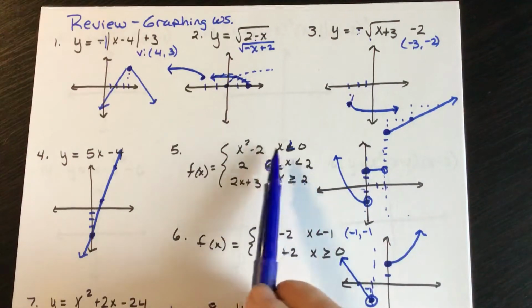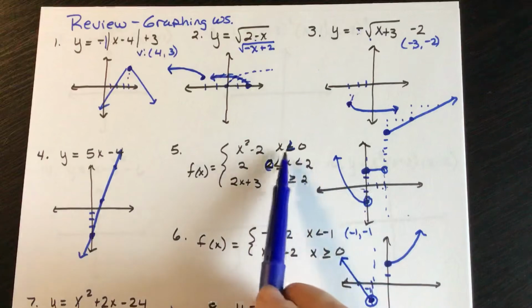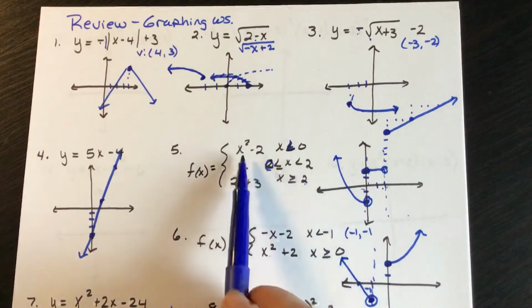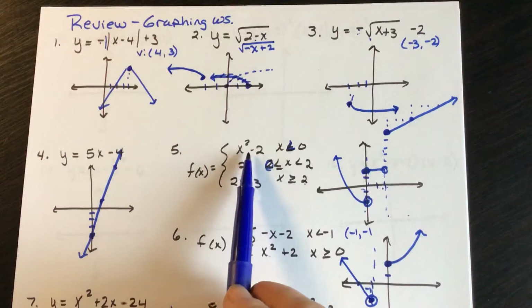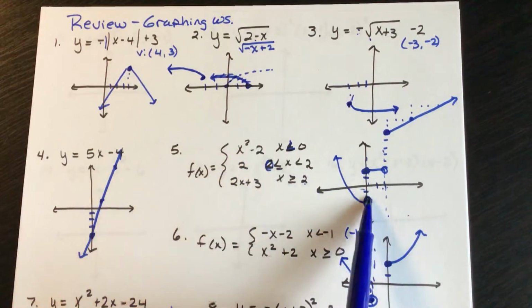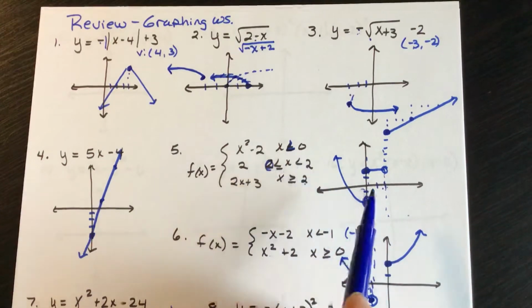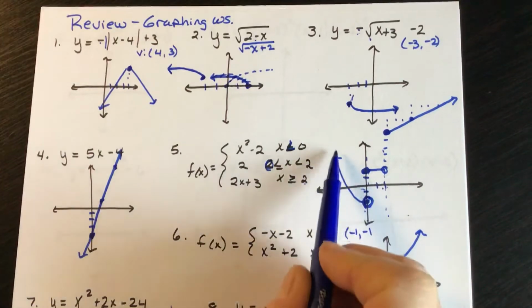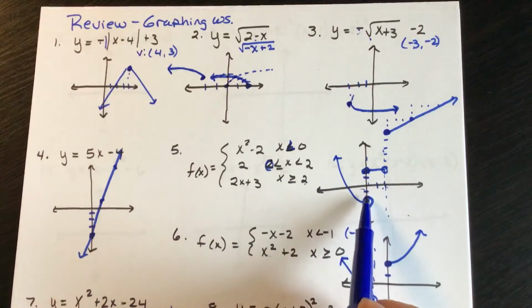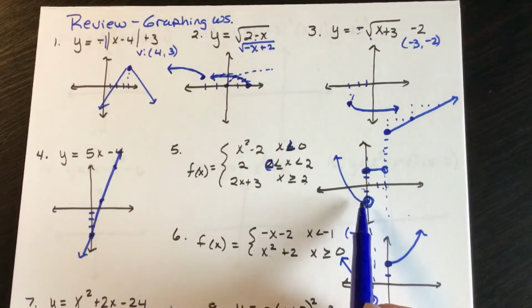So the first section here, the negative numbers, is made up of a quadratic function, and instead of my vertex being at the origin, I shifted down 2. This is an open circle because it doesn't equal, and my parabola is just pointing upwards. So it's just this part of the parabola that's in this graph.